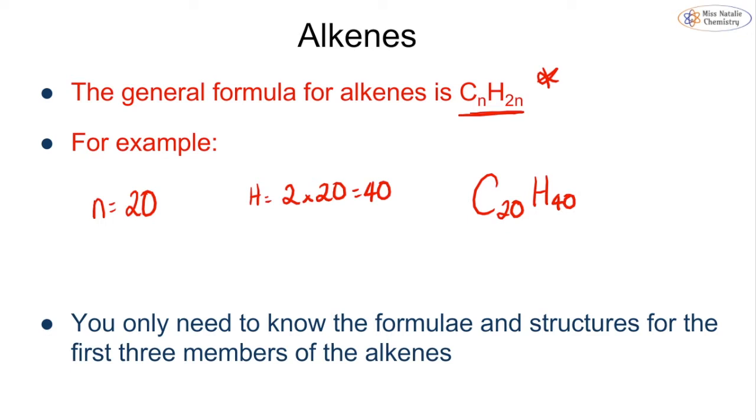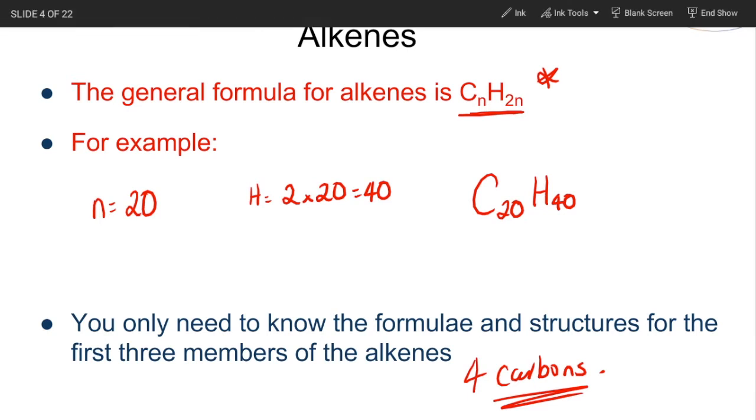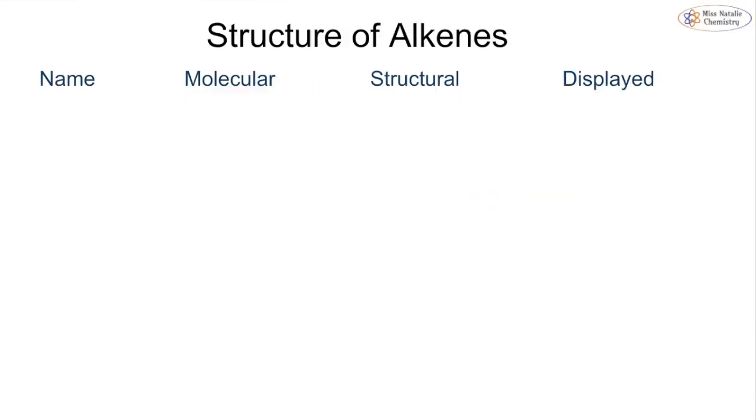Now, when it comes to the names, formula, and structures, you only need to know the first three members of the alkenes, up to having 4 carbons. And this is the same as what you needed to know for the alkanes. So we're going to be looking at the name, the molecular formula, structural and displayed formula for each of the alkenes.